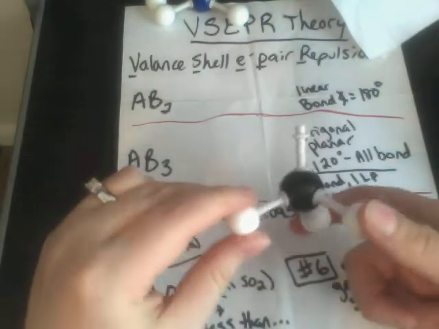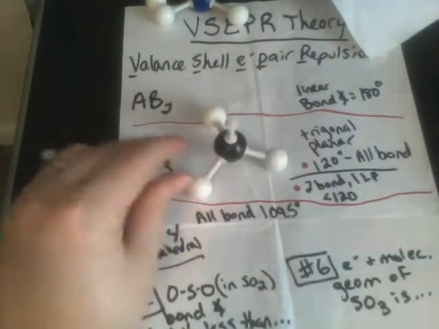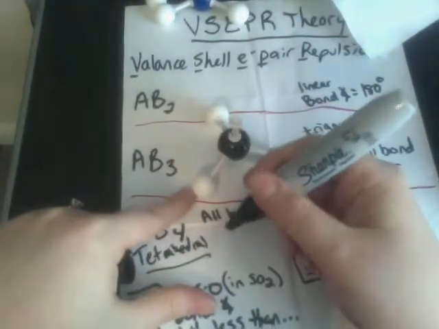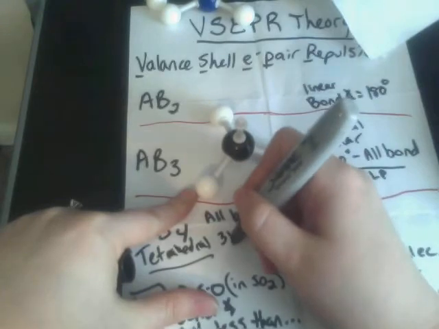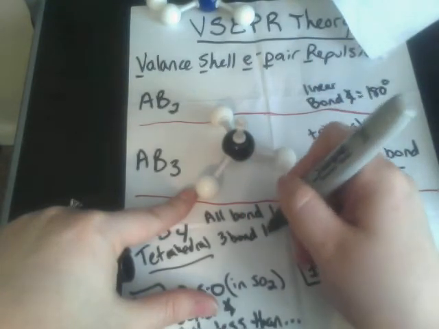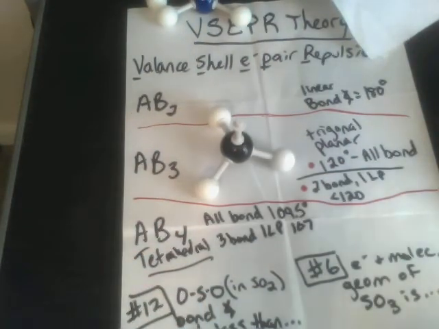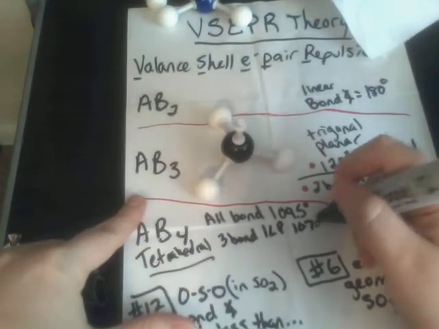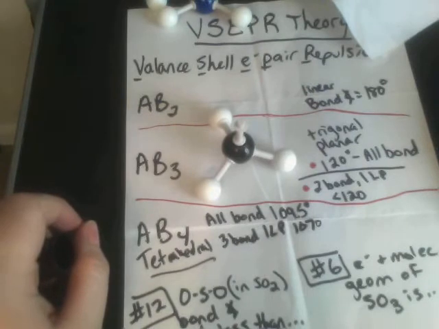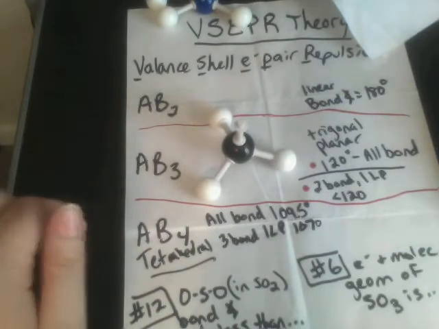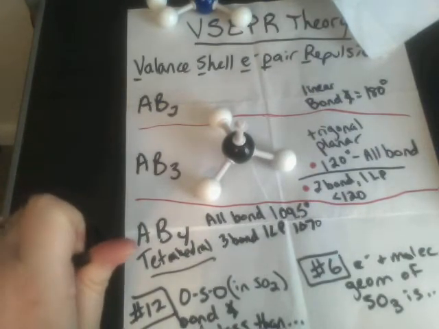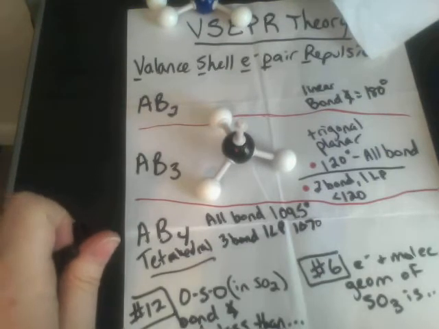So the bond angle there will actually be 107. So if you have 3 bonds and 1 lone pair, it's actually 107. By the way, all of this information is on the lab report, Lab 7.